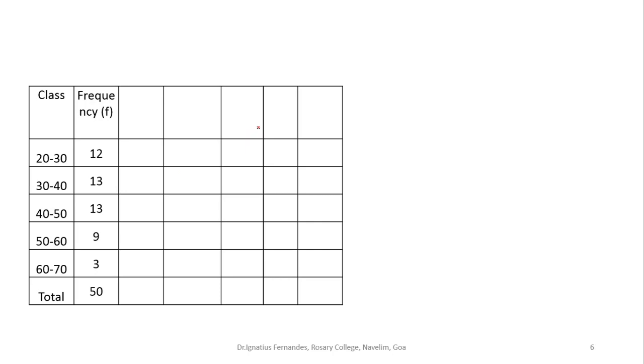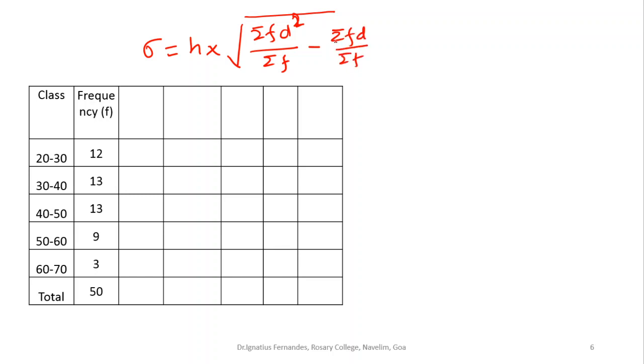Based on the formula, the standard deviation sigma is equal to h into square root of summation f into d square upon summation f minus summation fd upon summation f, the whole square. We find the class marks first: 25, 35, 45, 55 and 65.